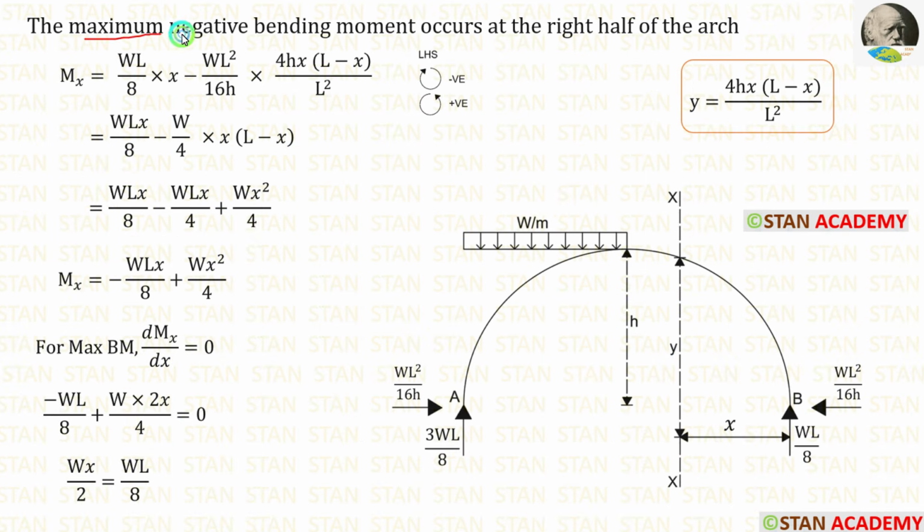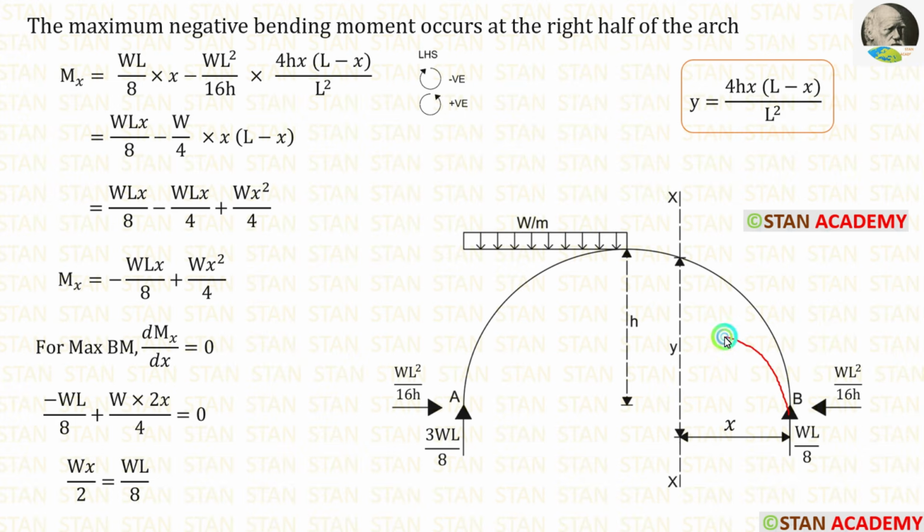Now let us find the maximum negative bending moment. It occurs on the right half of the arch because on the right side there is no load. Let us make a section randomly at a distance of x from the point B. In this section we have to calculate the moment. We are going to calculate the moment from the point B. In this case, we are moving towards left hand side. Clockwise will be negative, anti-clockwise will be positive.